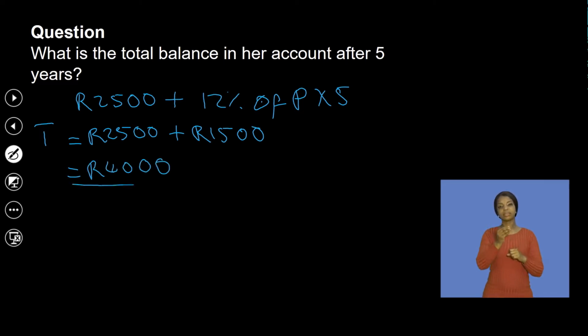Now this will be the total amount that Busi will have in her account after 5 years. But remember that maths has made this easier for us to calculate, not to do it in bits and pieces like we've just done.